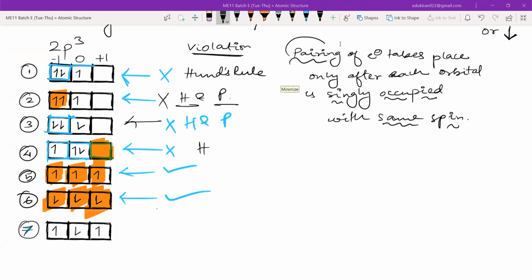What about Abdul Wahid? What do you think? Is the seventh one right or wrong?